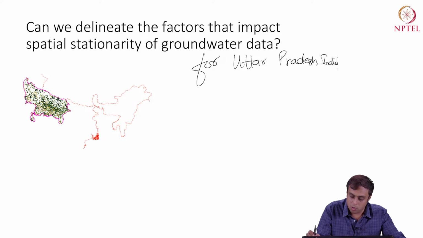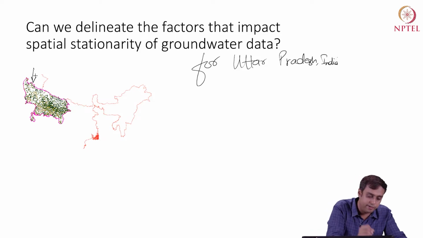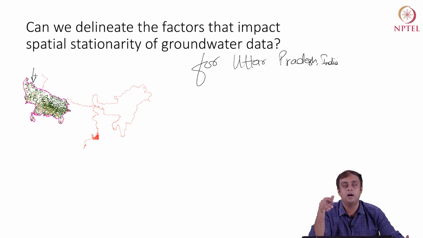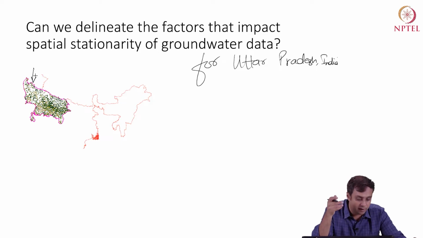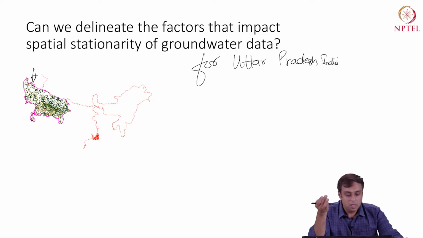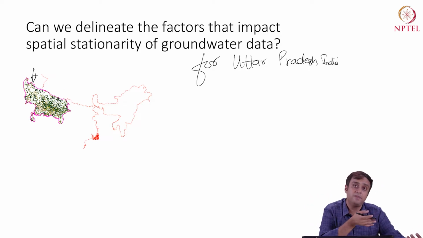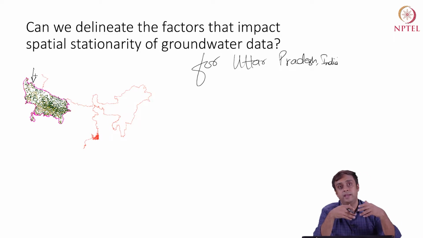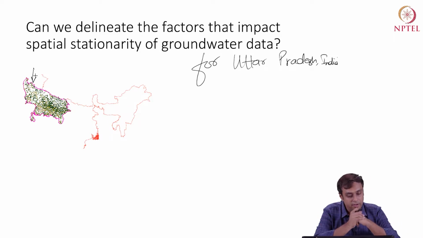So I'm talking about this region in the pink boundary, which is the state of UP in central India, and I'm trying to see if I can delineate the factors that impact spatial stationarity of groundwater data. We have seen these data previously, when we did an extensive exercise of exploratory data analysis with these data.